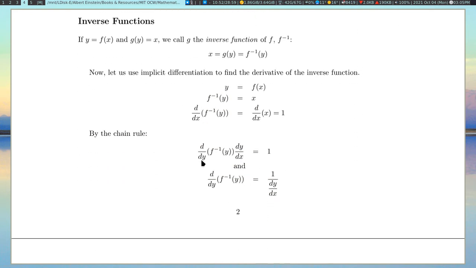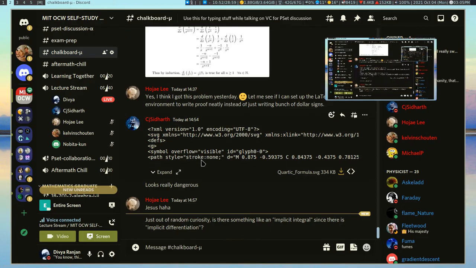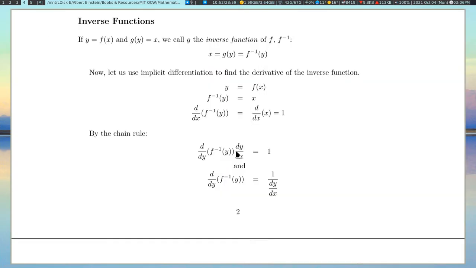Inverse functions. Okay. I hope everyone remembers when we talked about functions, surjective, injective, inverses. So can someone tell me what an inverse function is? I think for inverse, when we invert the y and x and we define it like that.